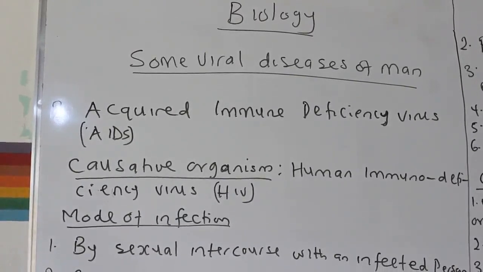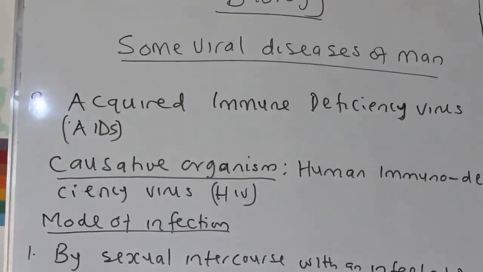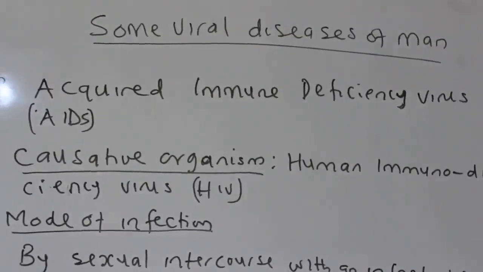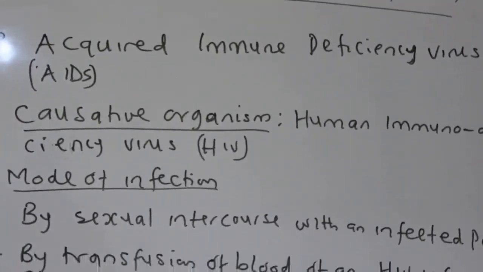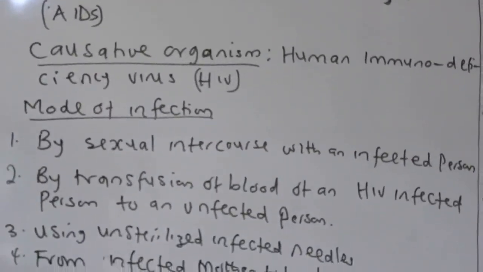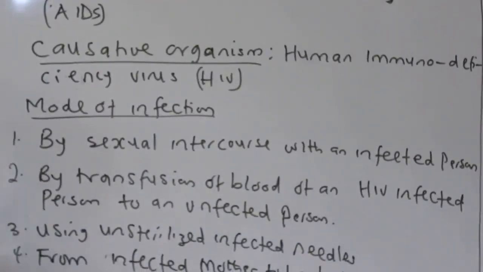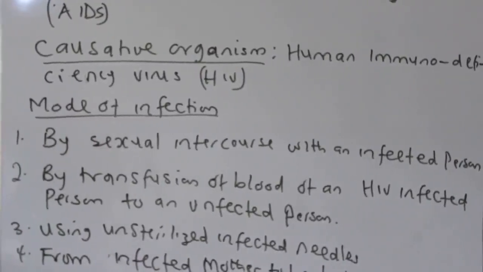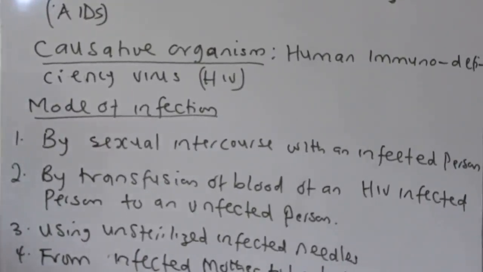And then this common HIV disease is transmitted through, number one, sexual intercourse with an infected person. And then number two, by transfusion of blood of an HIV-infected person to an uninfected person. Whenever an uninfected person requires blood, and someone that is already infected donates blood to the person, because the virus is usually found in the blood of the infected person, it ends up affecting the uninfected person during transfusion.